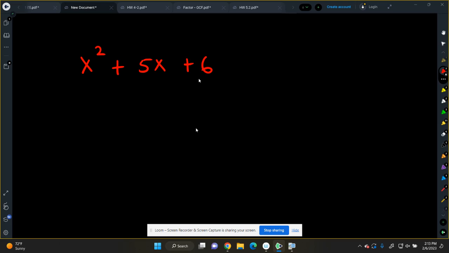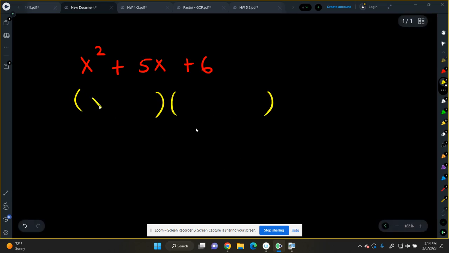If I can ever get to my screen here. Okay, so here's what we're going to do. Is everybody taking notes? I'm going to make 2 sets of parentheses. I'm going to put an X in each parenthesis.